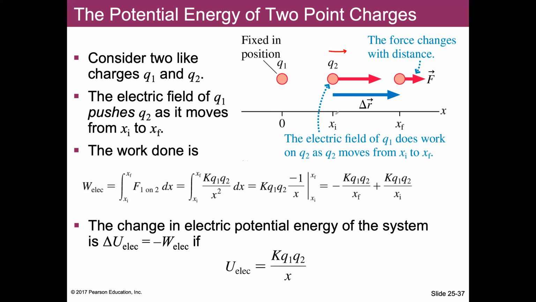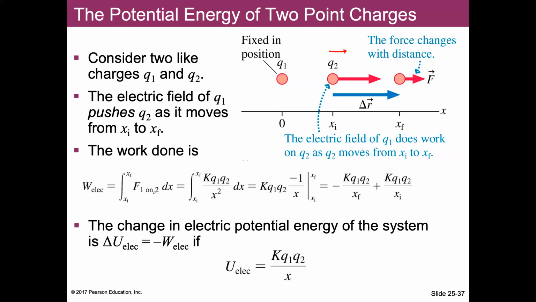If we want to calculate the potential change or the work done from Xi to Xf, we can use the equation to calculate the work. The work is an integral of F on Q2 dx, and do the integral from Xi to Xf.